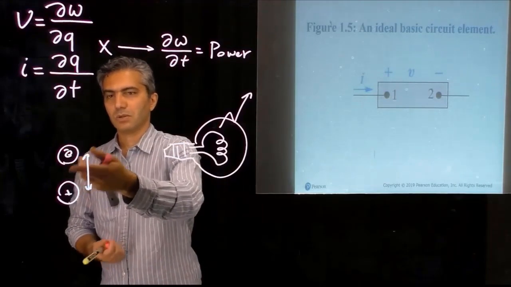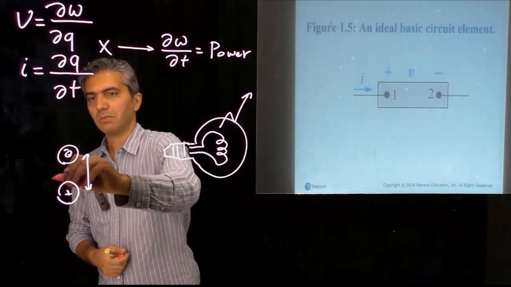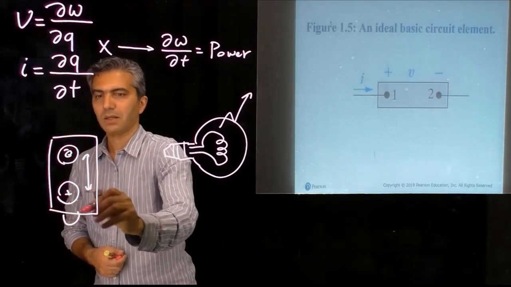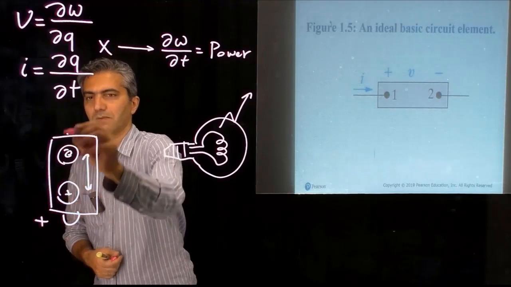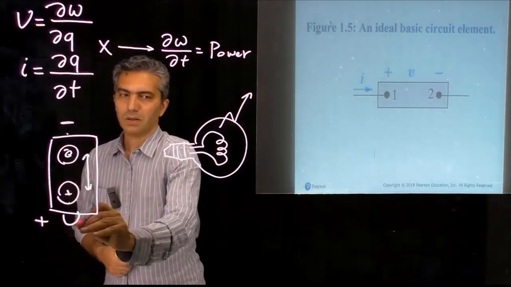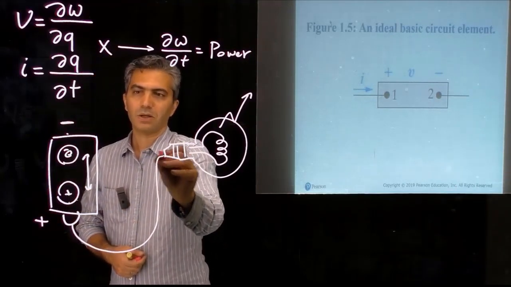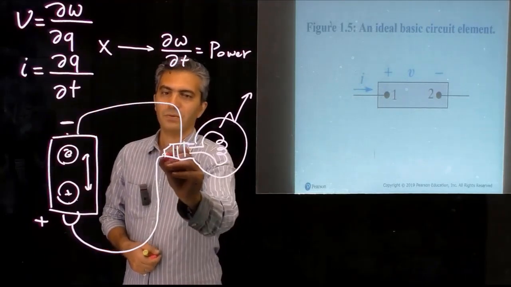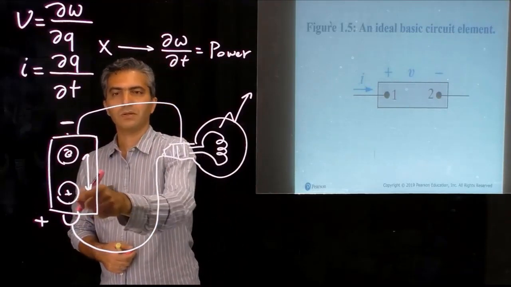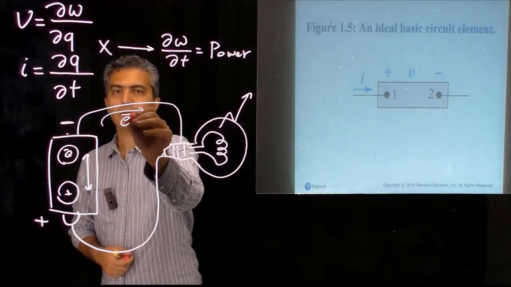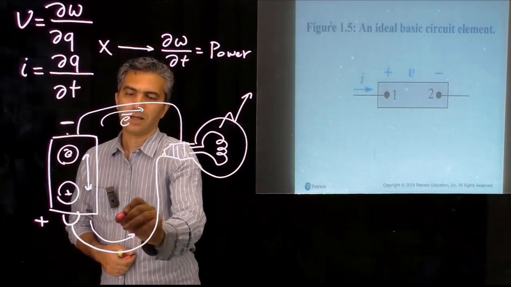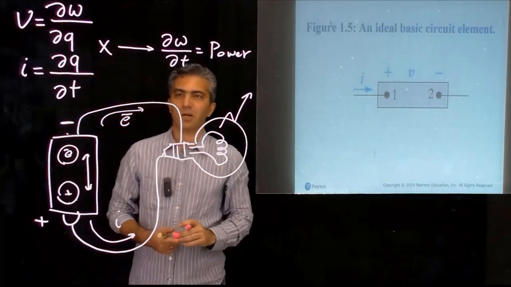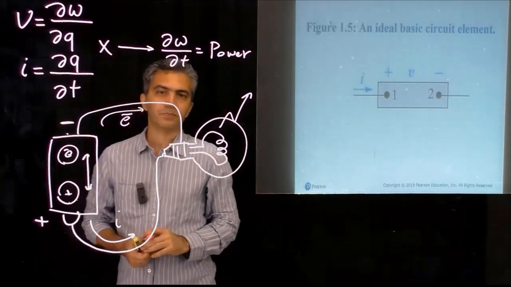So let's assume that, for example, this is a battery, right? So that's the positive and the negative. And then you connect that to your light bulb, and through passage of electrons, electrons go this way, and the current, as we explained, actually goes in the reverse direction of the electrons.